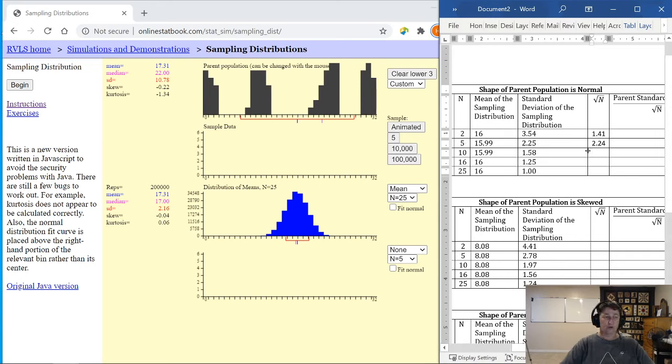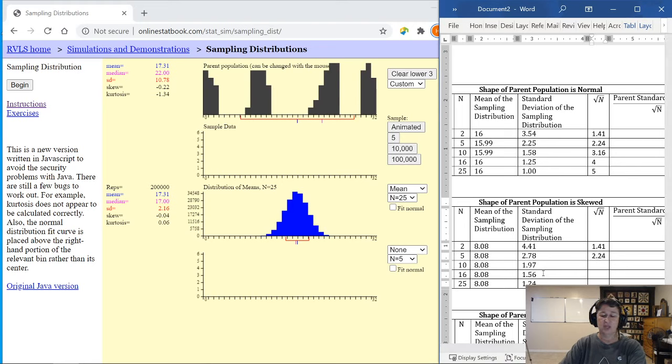Then the square root of 10 is 3.16. We know the square root of 16 is 4, and we know the square root of 25 is 5. Those same numbers will be true no matter what the shape of my distribution was, because the square roots of these 2, 5, 10, 16, and 25 stay the same no matter what. I'm going to use this information here in just a second.